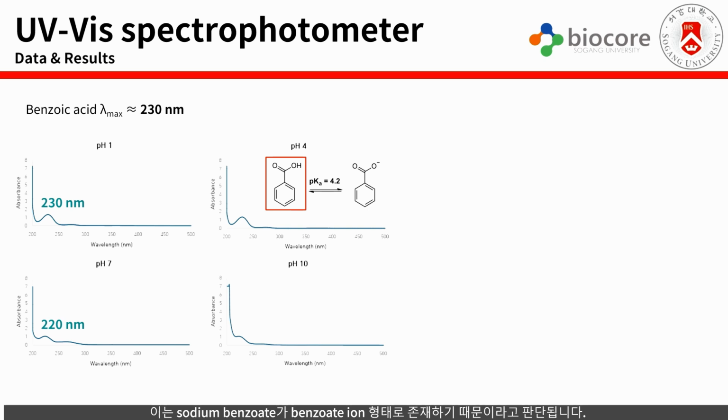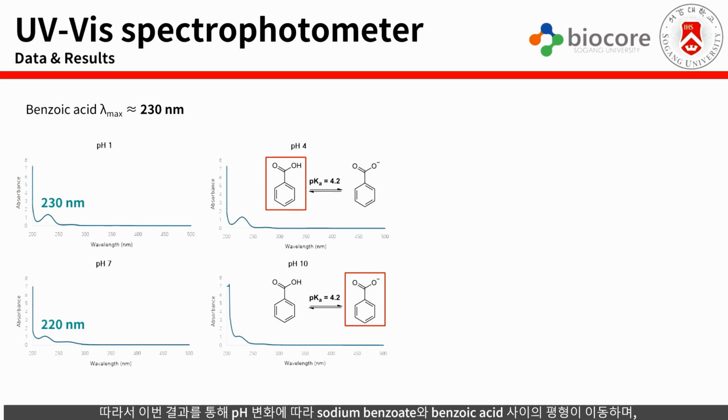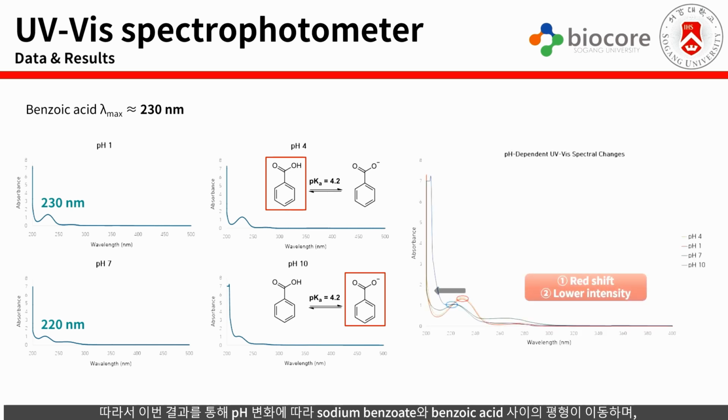This suggests that sodium benzoate mainly exists as the benzoate ion under basic conditions. Therefore, these results indicate that the equilibrium between sodium benzoate and benzoic acid changes with pH, accompanied by a red shift in the UV-visible spectrum and a decrease in absorbance intensity.